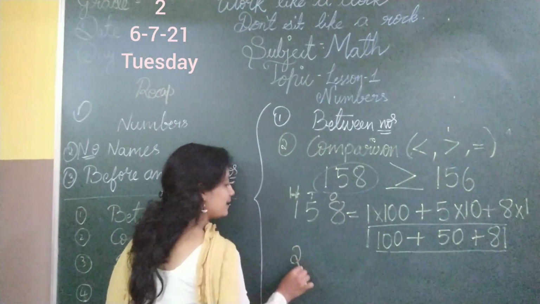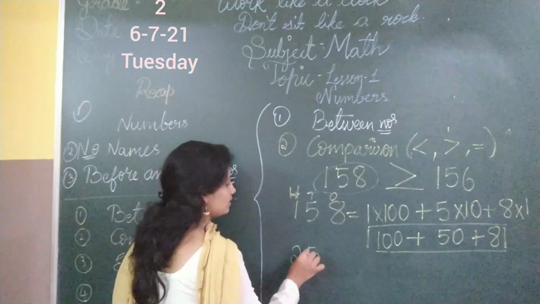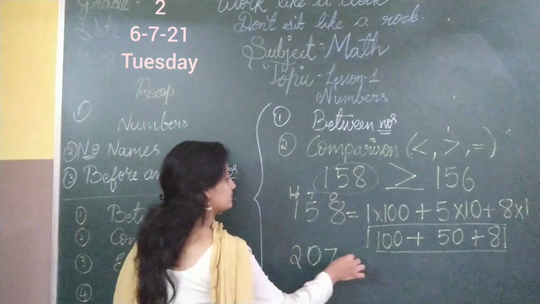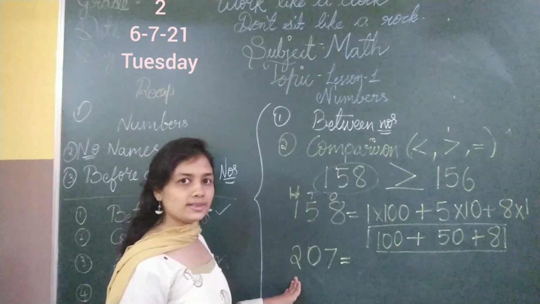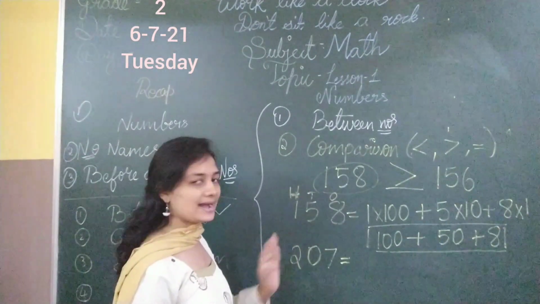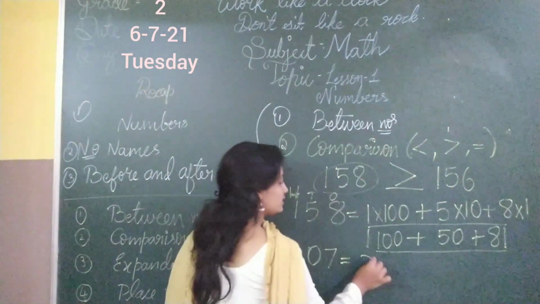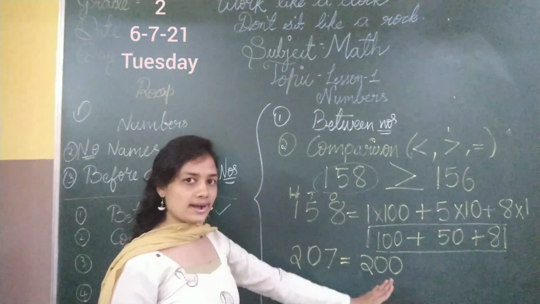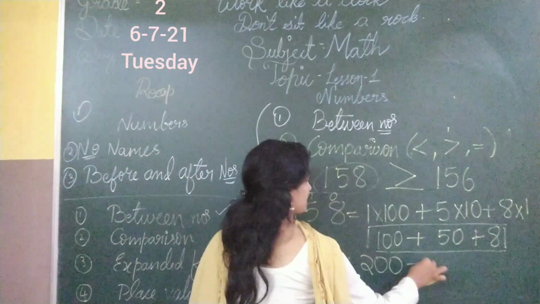Let me give you one more example. Okay, let me take a 0 in between. So 2 is in which place? 100 place. So I have to write 200. Next plus.